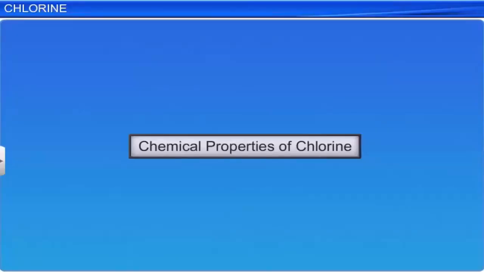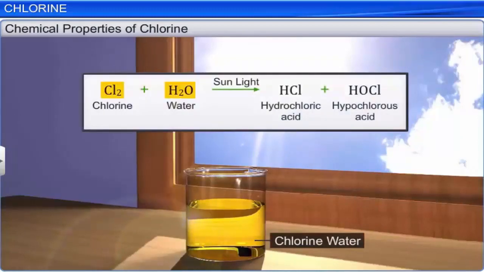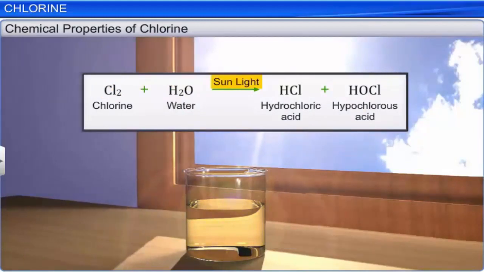Now let us look at the chemical properties of chlorine. Chlorine dissolves in water to give a strongly smelling yellow solution called chlorine water. Chlorine water loses its yellow color on standing in sunlight due to the formation of a mixture of hydrochloric acid and hypochlorous acid.